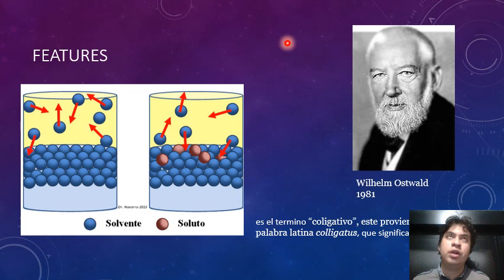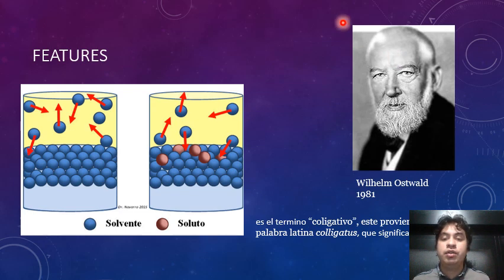From 1881 to 1887, he was a professor at the Riga Polytechnic Institute. In 1887, he moved to the University of Leipzig as a professor of physical chemistry.